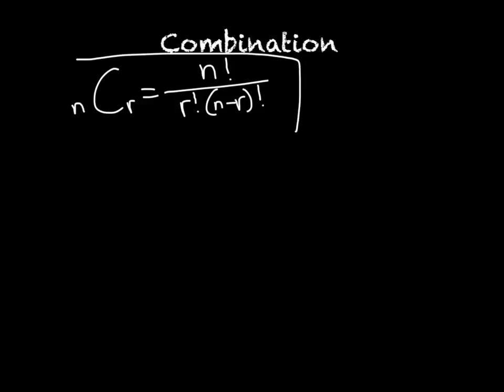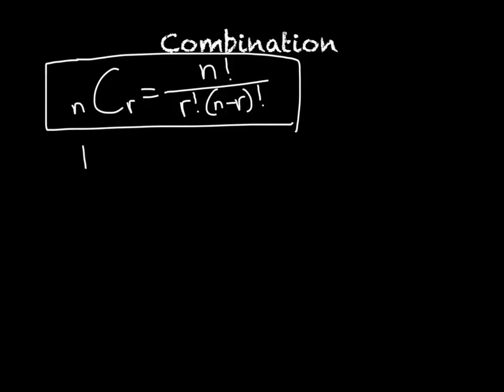If we have a combination, we have a group of n and we're choosing r out of them, then the formula for this is n factorial over r factorial times n minus r factorial. Now I can give you a little insight into why this works as well.